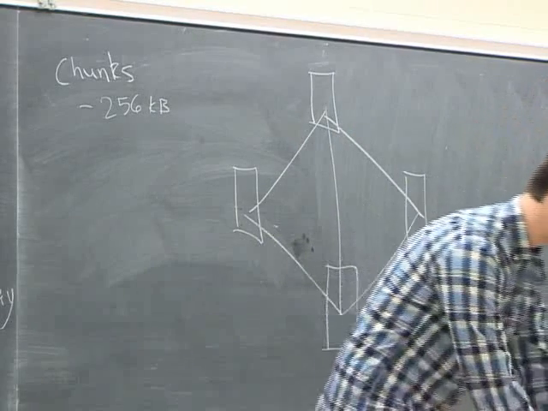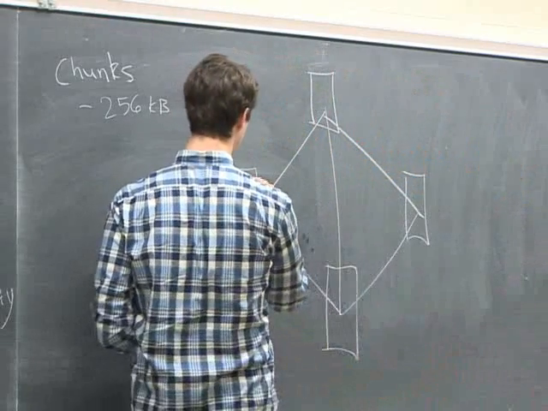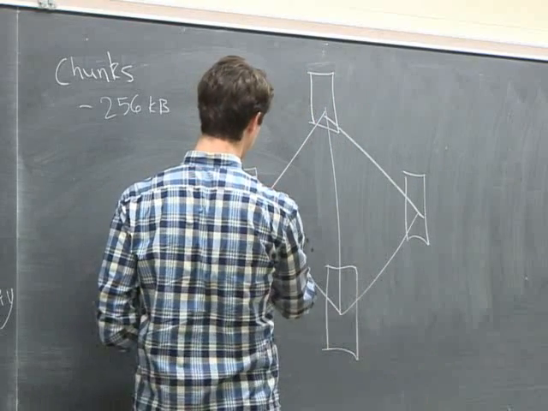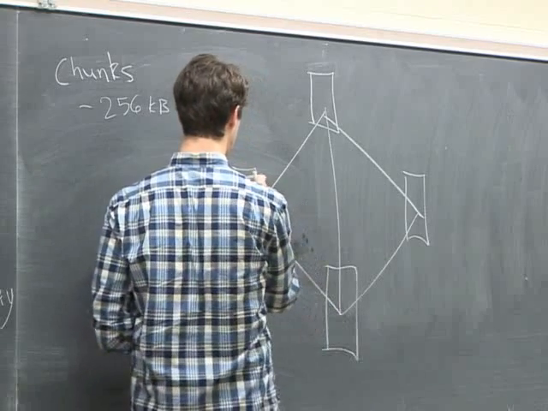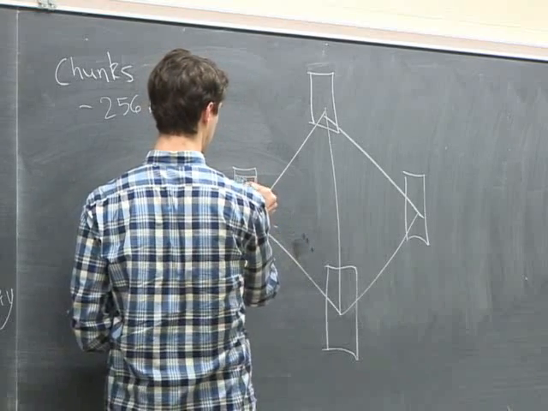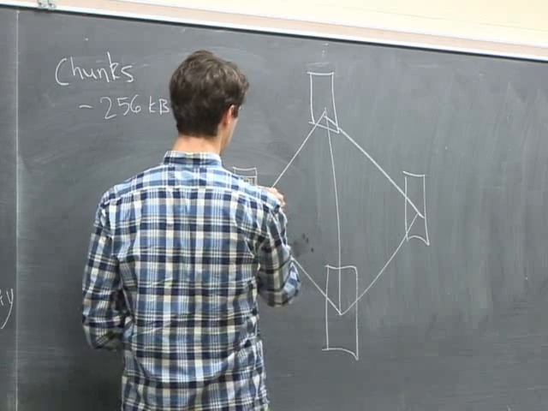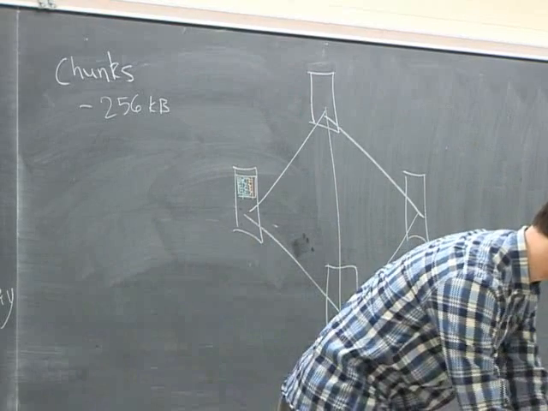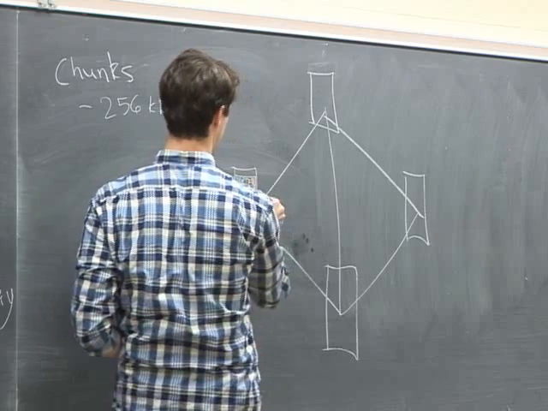So let's look into this. We have this torrent here at this machine, and let's say it's broken up into 4 different chunks. There's a green chunk, a blue chunk, an orange chunk, and might as well get another color, a pink chunk, okay?